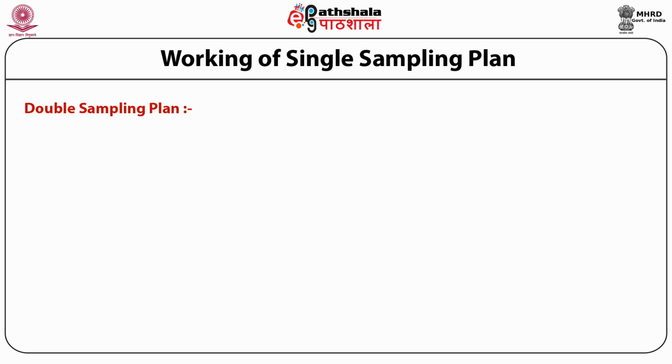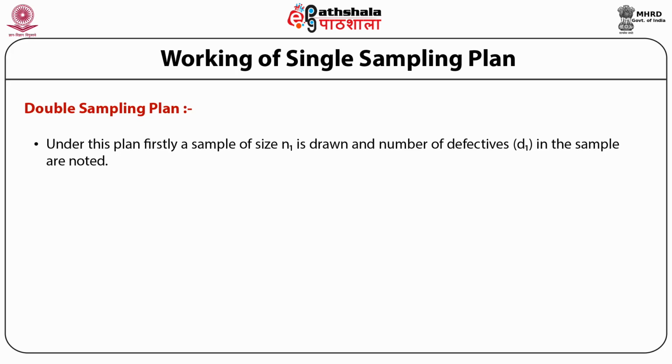Double sampling plan is used when the first sample drawn is neither very good nor very bad. This plan involves a decision for accepting or rejecting the lot on the basis of the combined result of the first and second samples.